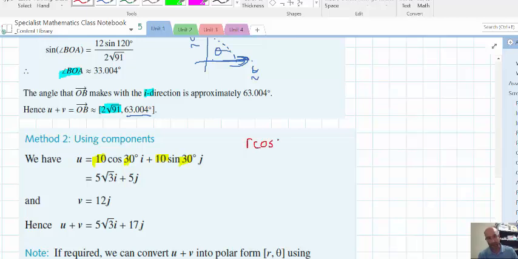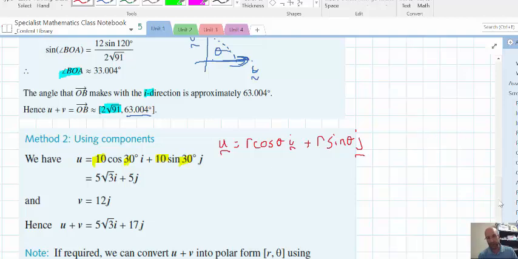So r cos theta i plus r sine theta j. You may need to go back to one of our earlier videos if you've not seen that or you can't remember it, but that's the form. So that will give us u.